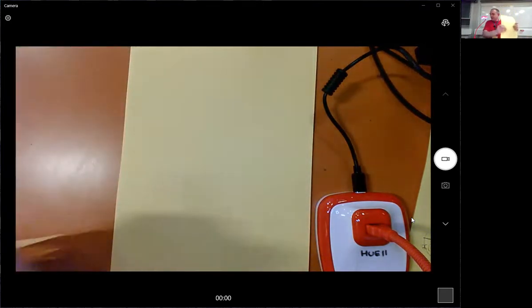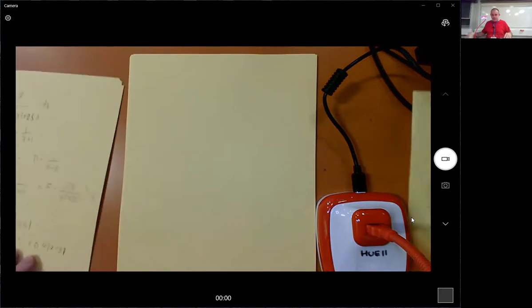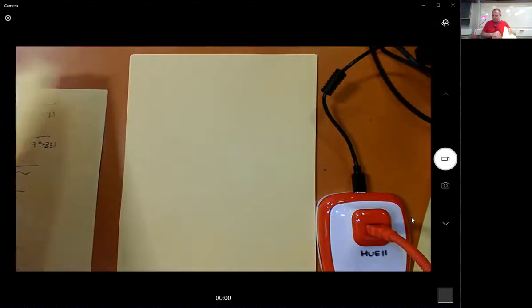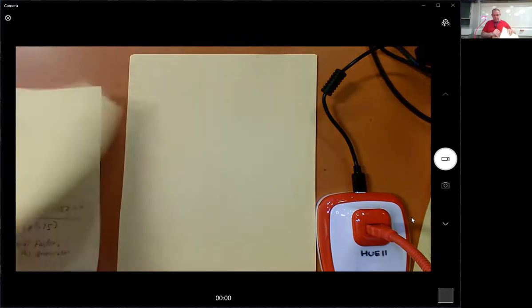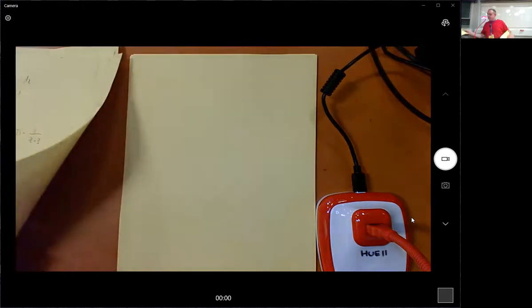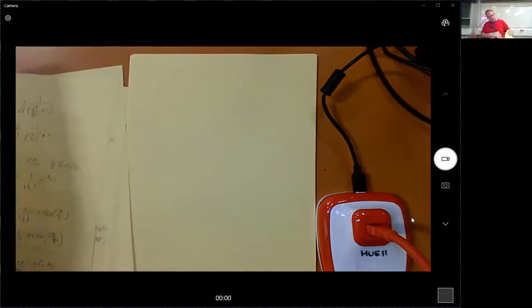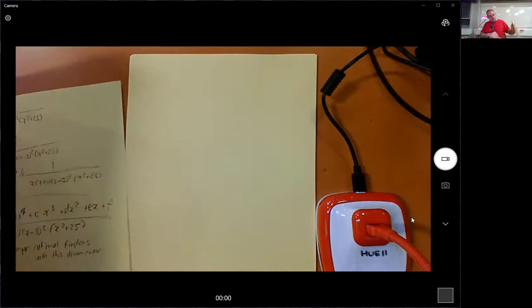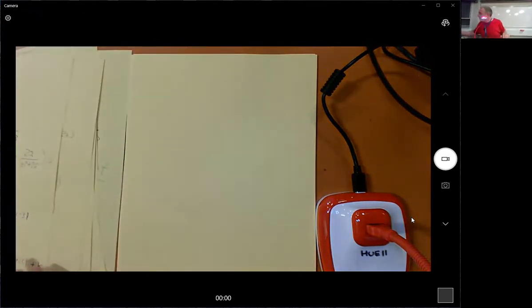Okay, so let me do a different example. And I had several of them written down on my notes here. I seem to have lost one of them. Very carefully worked one out.